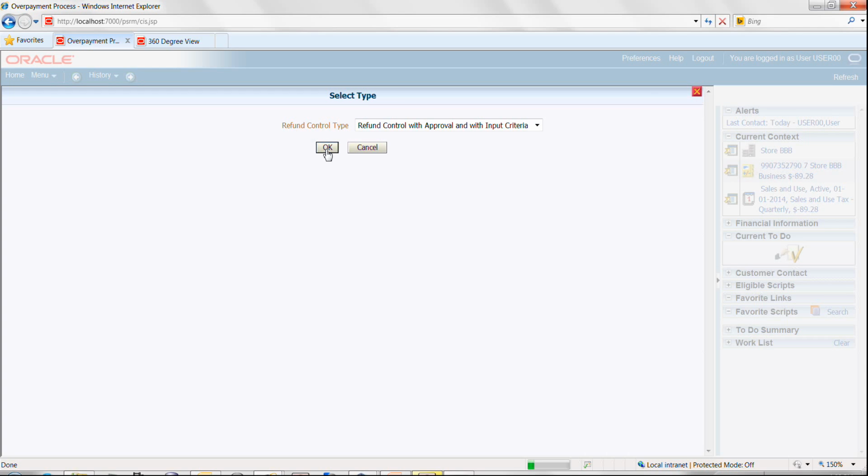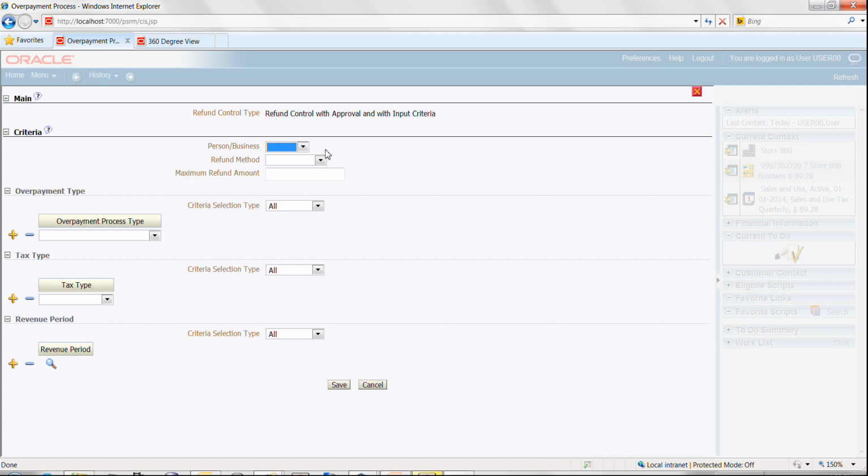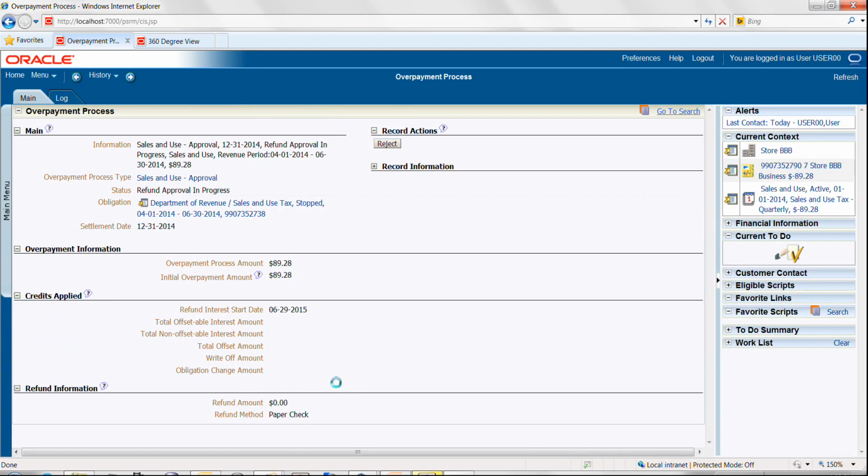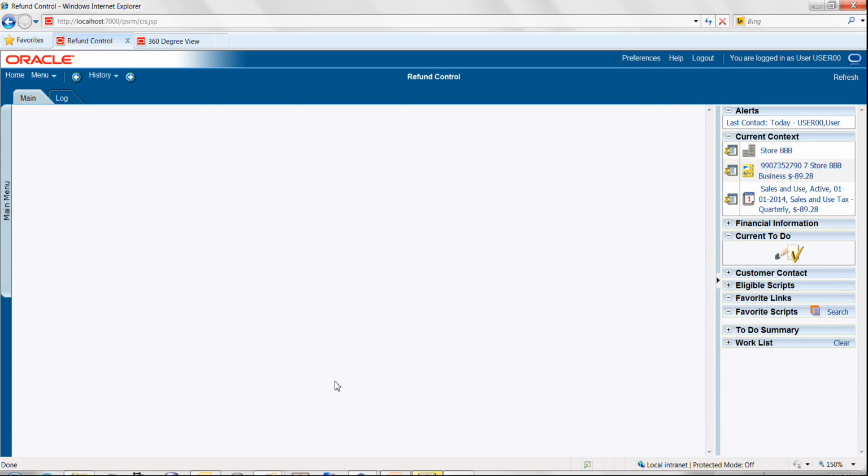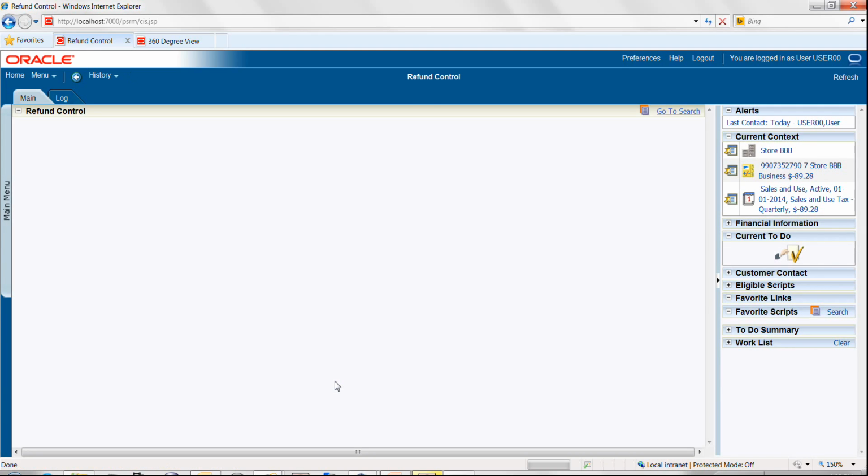So you can pick up all overpayment processes which have pending amounts, and you can define the criteria that you want to pick up a specific type of overpayments based upon the criteria shown on the screen. Here I'm going to pick up all overpayments, and therefore I don't need to set any criteria. And I'm now going to be creating a refund control.